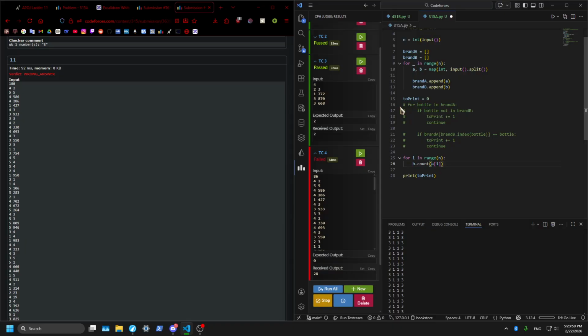And then we need to check if A[i] equals B[i]. That means it's opening itself. But there could be multiple of these, right? Like we can do 1 1 1 1 1 1 1 1.